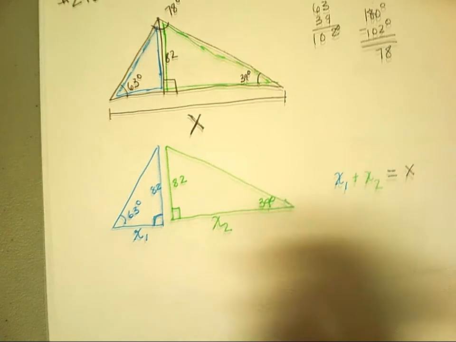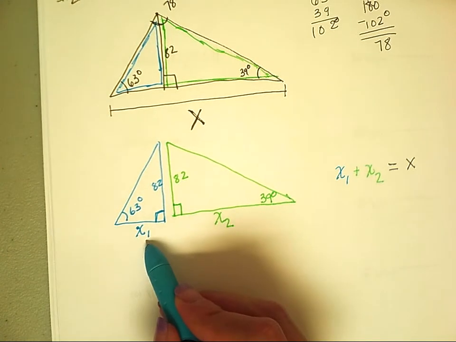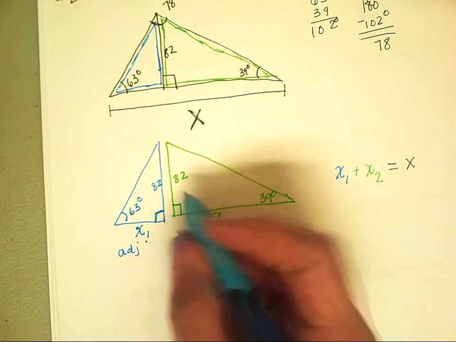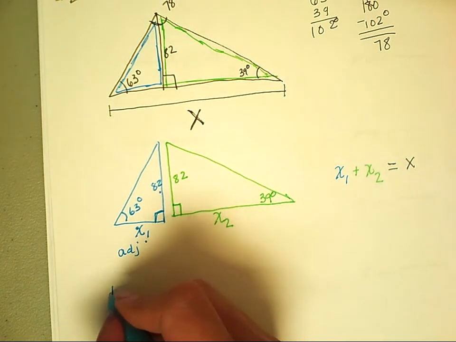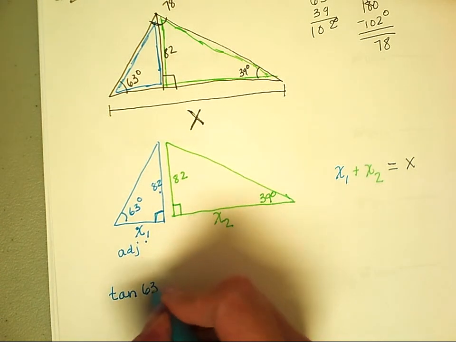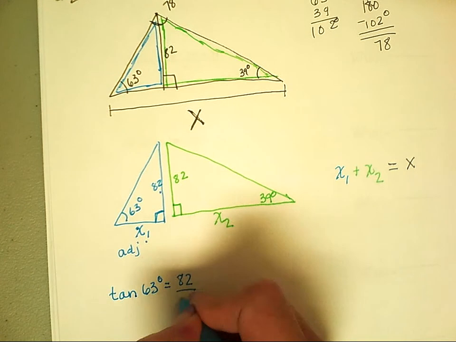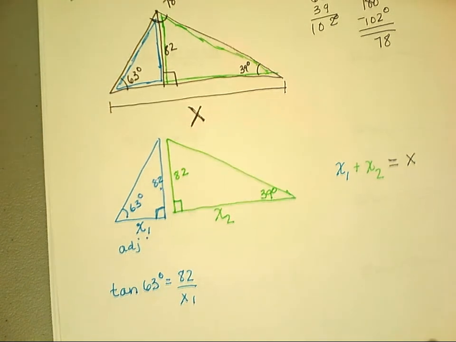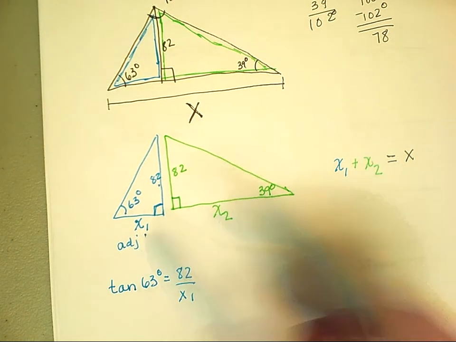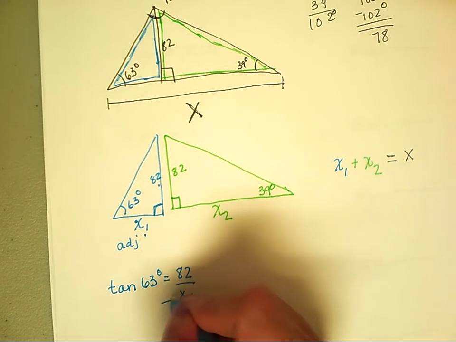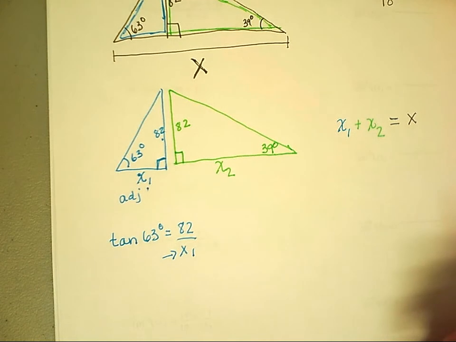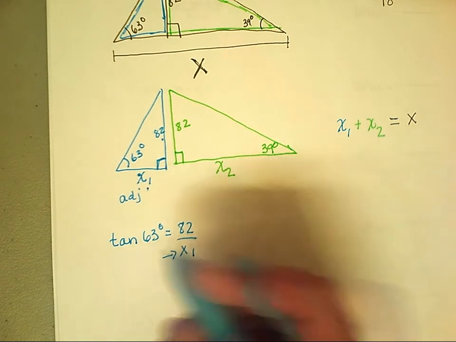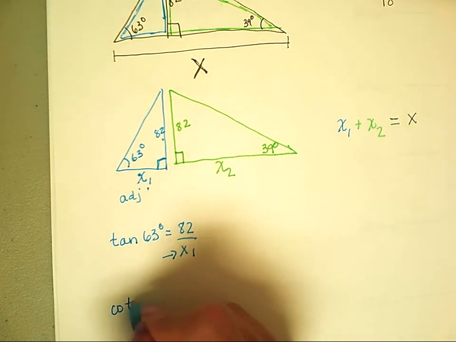Okay, so let's see what we can say. x1 is our unknown. Now this is an adjacent side, and this is an opposite side. So I could say the tangent of 63 degrees is equal to 82 over x1. That would be true. It's the opposite over the adjacent. The problem is I'm looking for x1, and I don't necessarily like having my variable in the denominator. So I could use this fact.